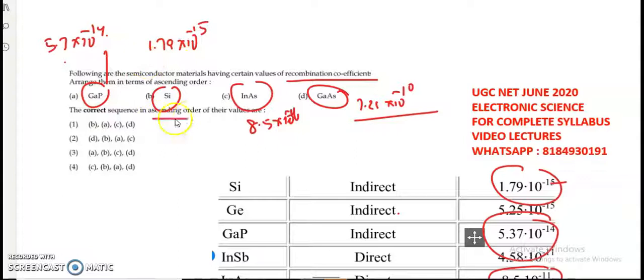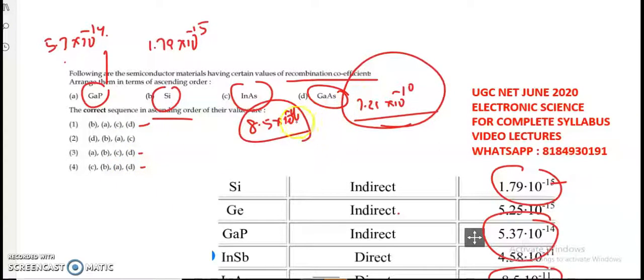They are asking to put them in ascending order. Ascending order means increasing order. Here the greatest one is gallium arsenide, that means D. So options 1, 3 and 4 remain, and after D, the next one is indium arsenide, that means the C option.